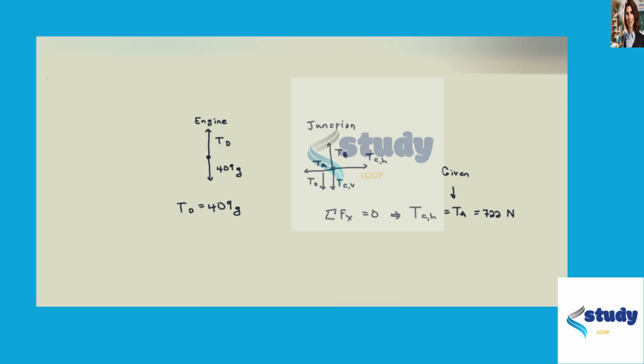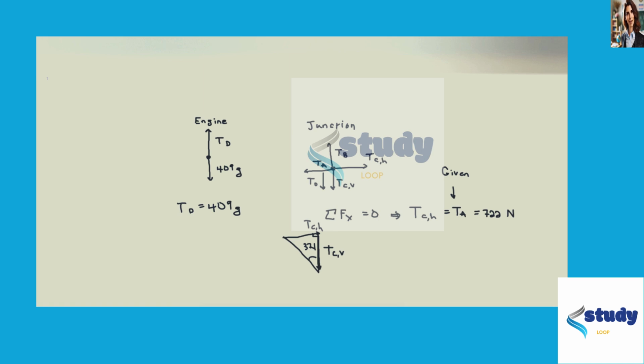Now we need to figure out, given the tension in C horizontally, what is the tension in C vertically? To do this, I'm going to draw a triangle of the two forces. This rope is T_CH, and this vector is T_CV. And I know the angle here is 37.1.